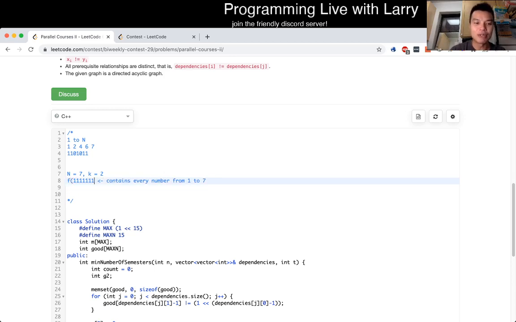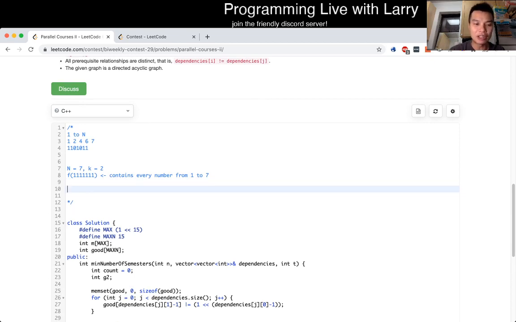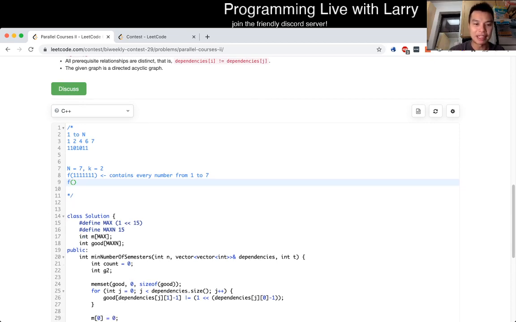f of this bit mask, what is the minimum number of semesters that it takes to take all these courses? Well, it is just equal to the minimum of taking the first two classes, 1 and 2, plus 1, right? So this is taking classes 1 and 2, if possible, in the first semester.